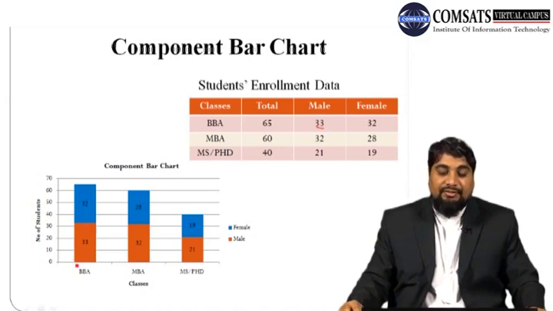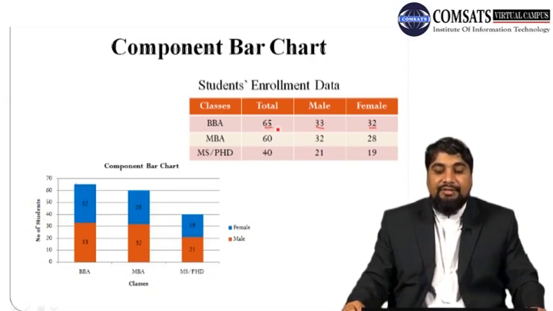In BBA there are 33 male individuals, so go up to 33 and make a bar, and then add 32 to this 33, so it will go automatically up to 65.